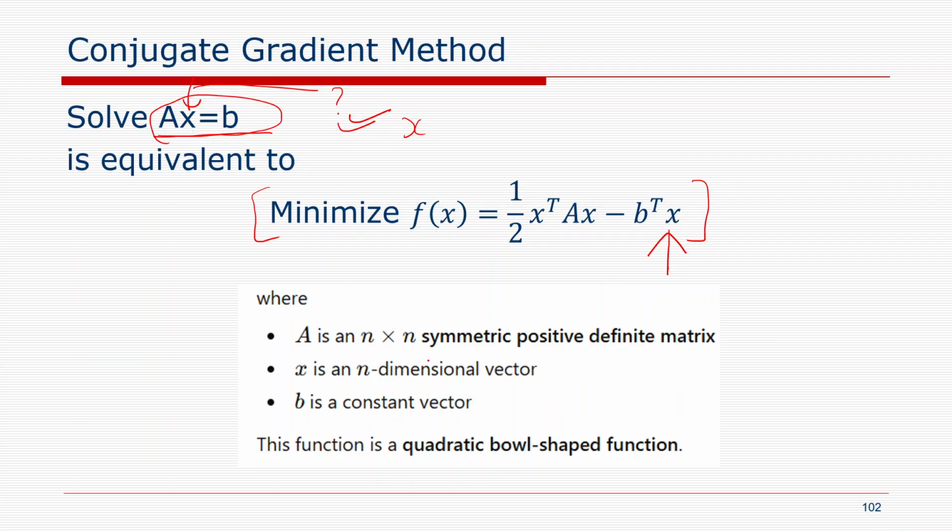As I said, A is an n cross n symmetric positive definite matrix, X is an n-dimensional vector, and b is a constant. When we take the second order term, it becomes a quadratic bowl format. We are indirectly finding the X value by minimizing this function.